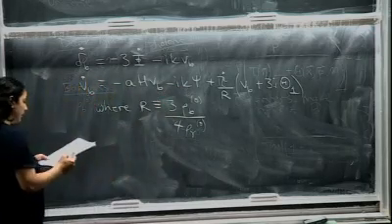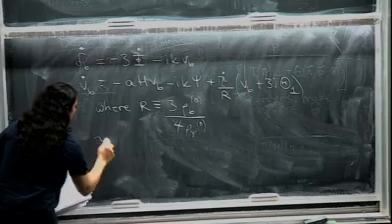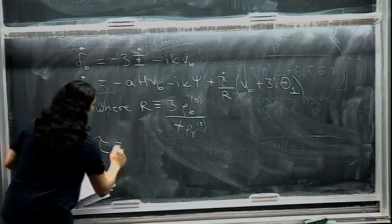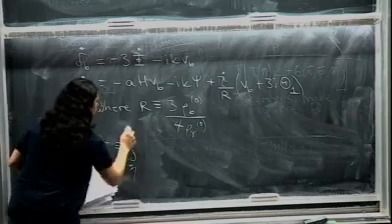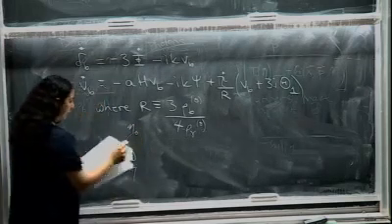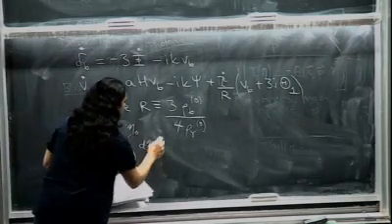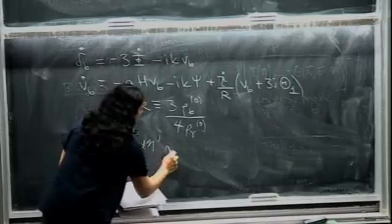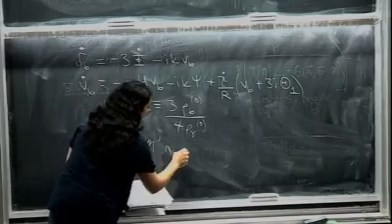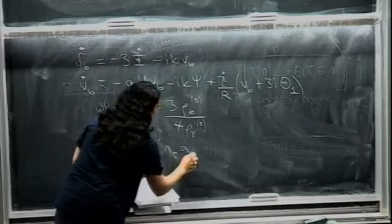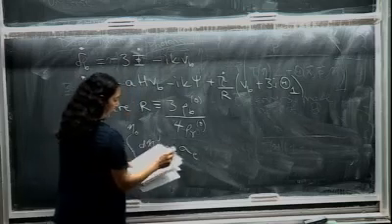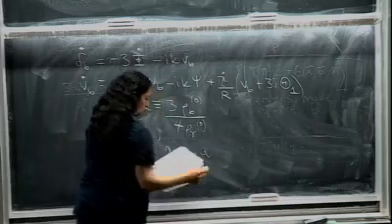And tau is defined as the integral of d eta prime times the density of electrons, our scattering cross-section, and a.